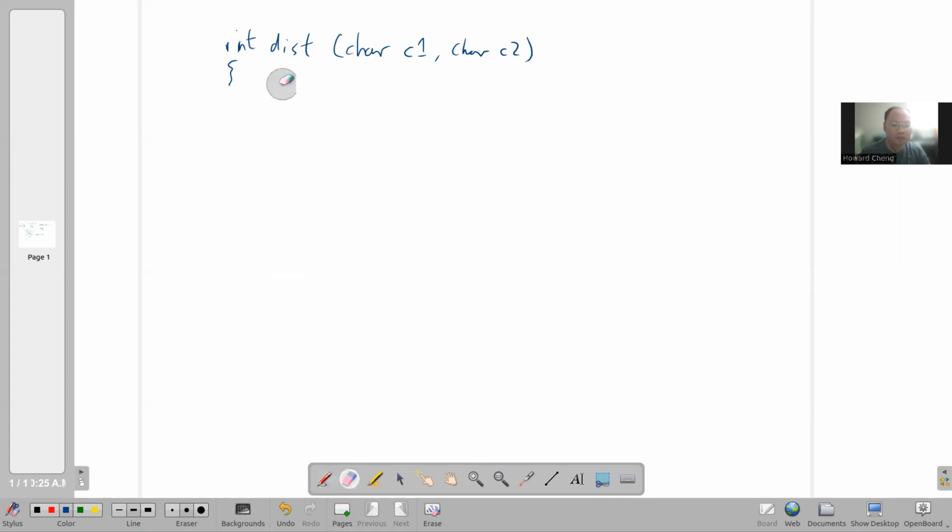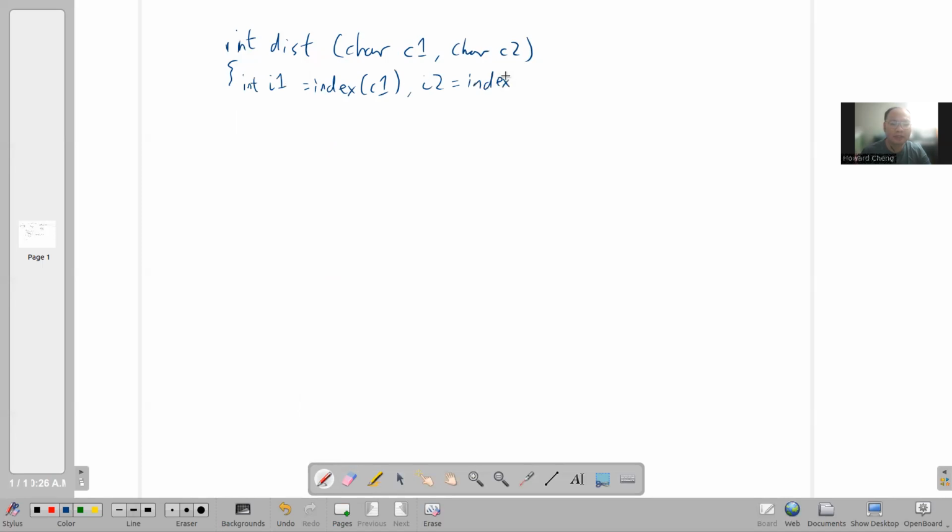So I would do something like this. First, I need to figure out what is the index of that character. So I would probably do something like this. I'll write a function, what do I call it? index. So int i1 equals index(c1), i2 equals index(c2).